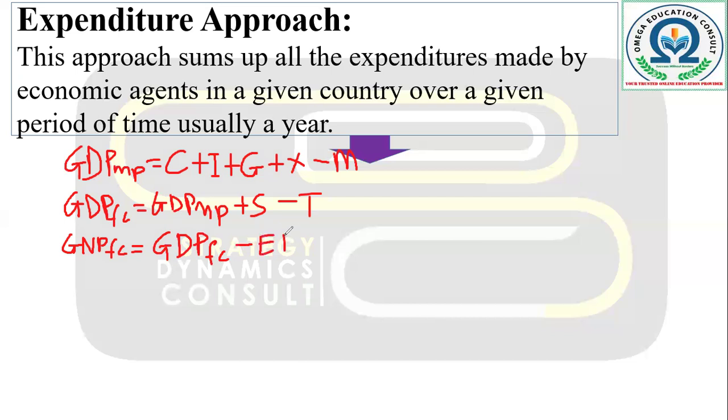The expatriate factor income refers to all the income received by foreigners, either individuals or foreign companies in Ghana, and then they spend that money in Ghana. So we need to deduct it from the GDP FC.